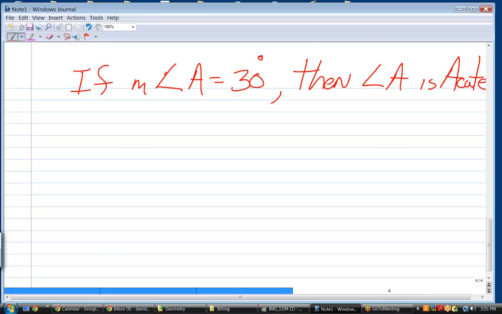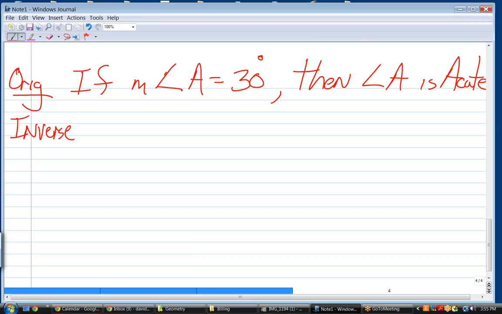Okay? Now, this statement here: if the measurement of angle A is 30 degrees, then angle A is acute. That's the original. Let's talk about the inverse.